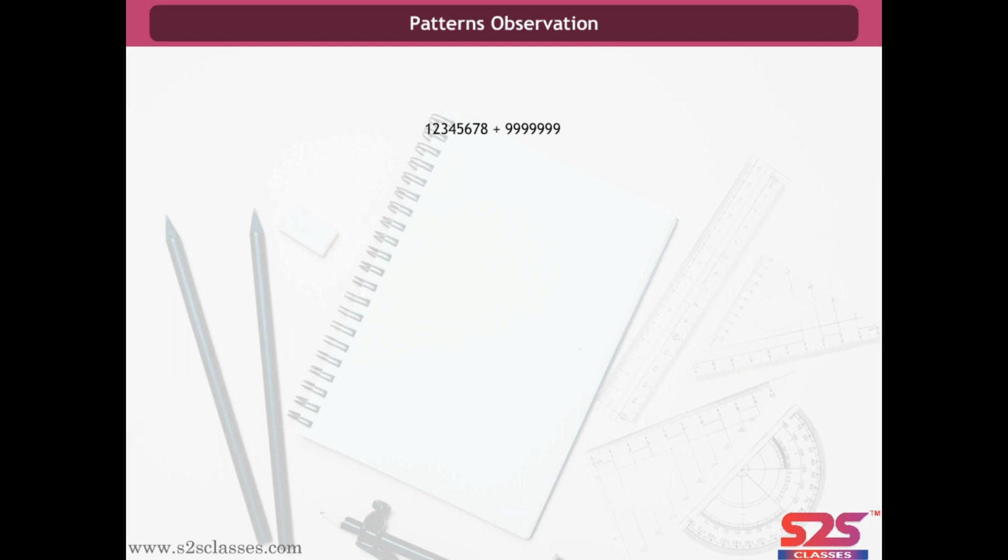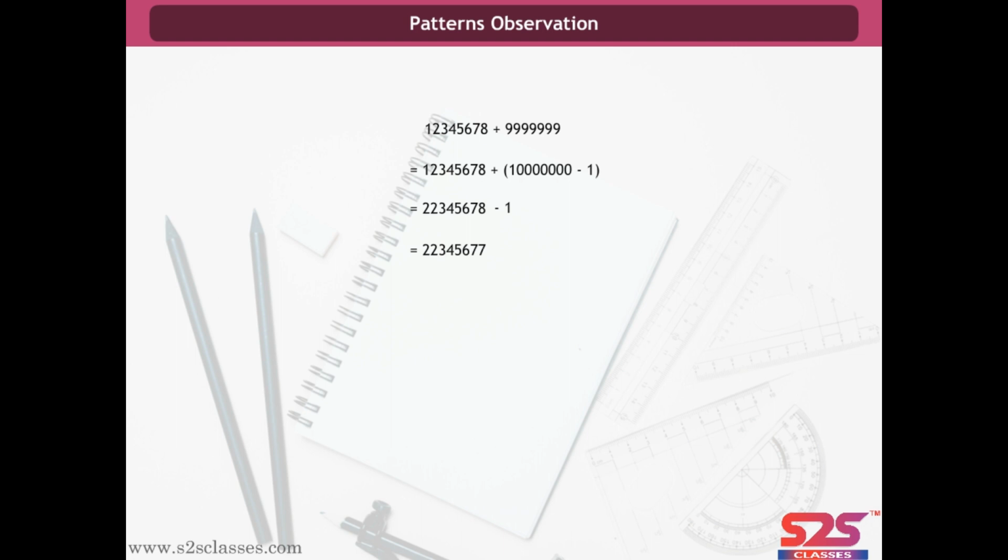Now returning back to the original expression, we can write 99,99,999 as 1 crore minus 1. Again, by using the associative property, we get the value of expression as 2,23,45,677.